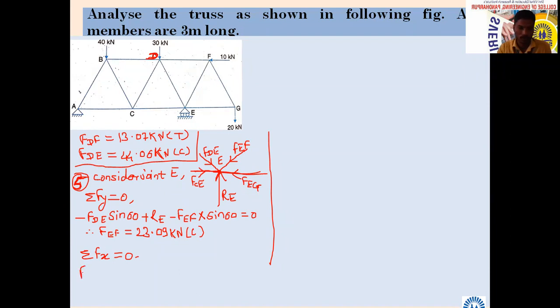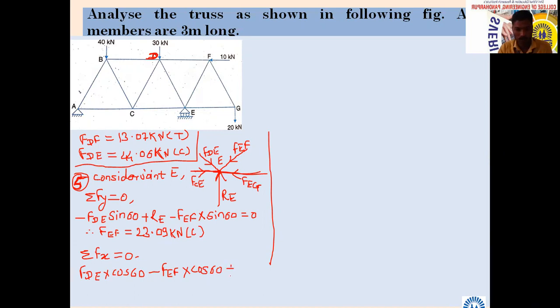FDE cos 60. Okay. Next, FEF. We have calculated it is compressive, so it is going towards negative x-axis. So it will be negative. FEF into cos 60. Next.